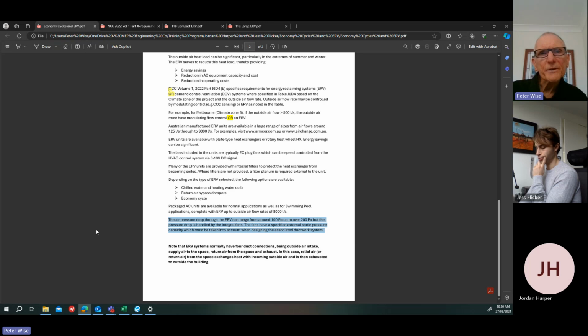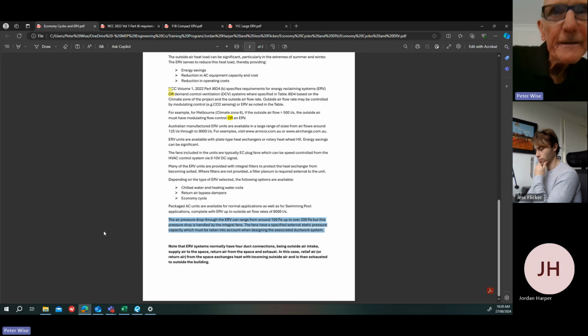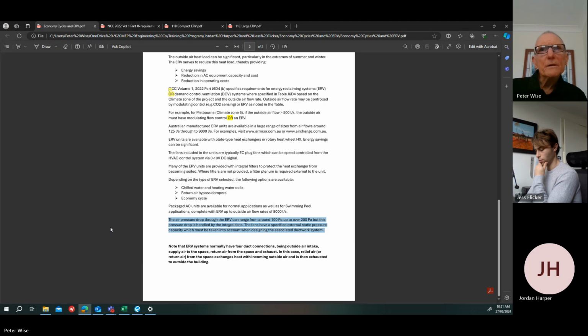But the fans also have to handle external static, which is the ductwork connecting to it. So you just need to make sure that when you're doing the duct design, that you check what the allowable static is for the fans that are provided with the units and make sure that the ductwork works within that restriction.